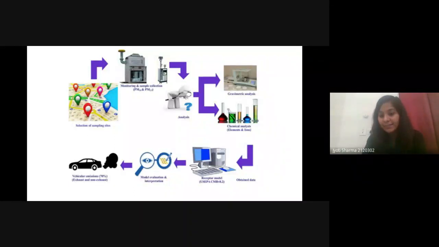Then you will analyze it using different instruments. Then you will put this information into the receptor models, and the receptor model will do some kind of interpretation, and based on that it can give you the contribution of the source from where it came from. So this is the schematic diagram showing how this receptor model works.